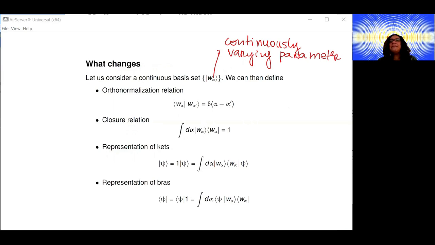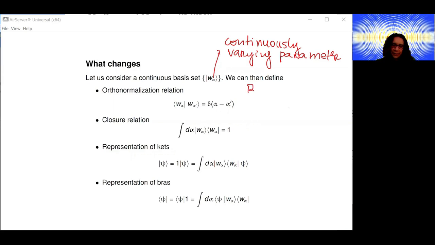Then we can define for this basis set an orthonormalization relation. So we can say that the inner product of a vector omega alpha with a vector omega alpha dash is equal to the Dirac delta function of alpha minus alpha dash.